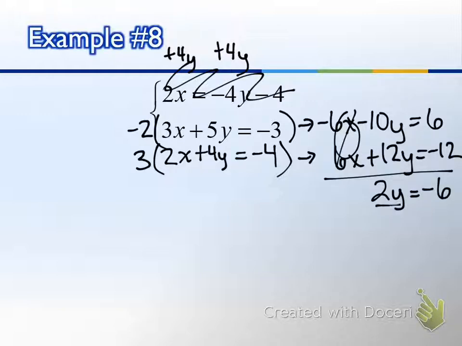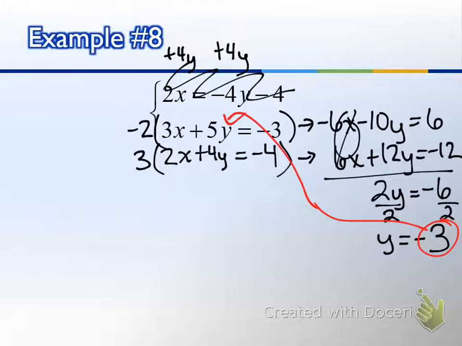How do I get y by itself? Divide by 2. y equals -3. Then we have to plug it in. Where do you want to plug it into? To the top. 3x plus 5y equals -3. Okay, we plug it in.